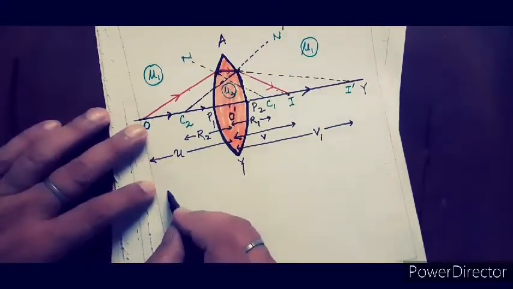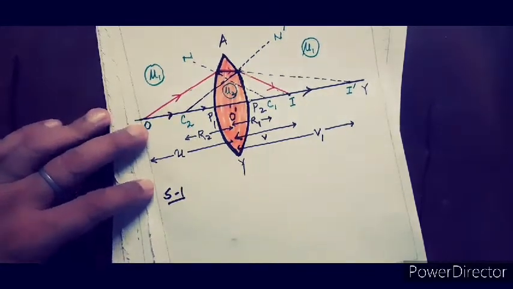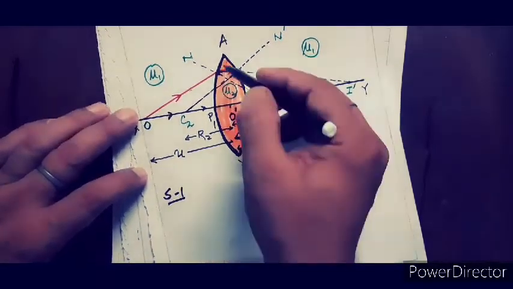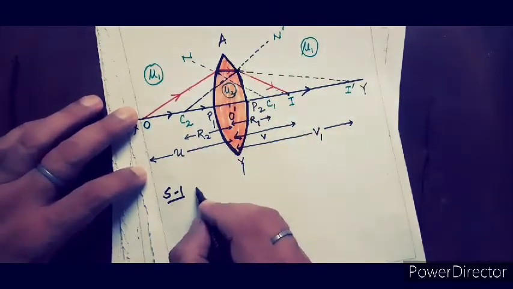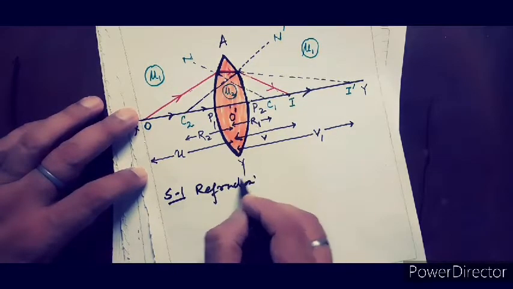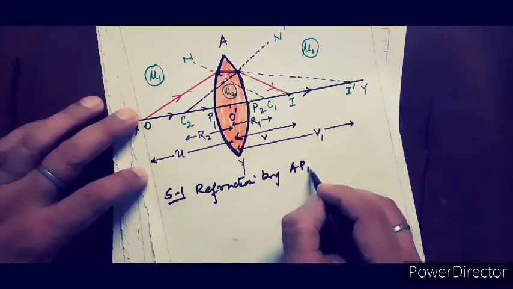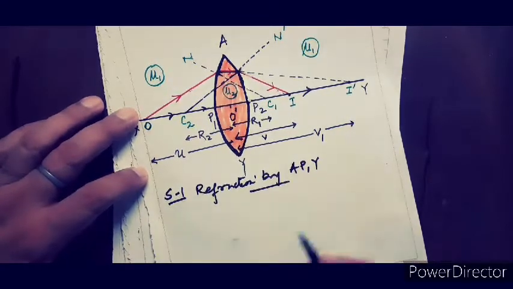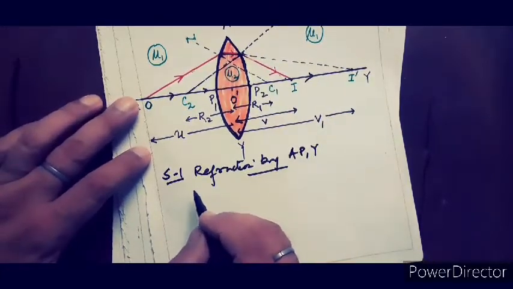Now step 1, we have to use the refraction at the spherical surfaces. Step 1, first the refraction by this surface A P1y. So with the help of that particular expression of the formula, we are using it.